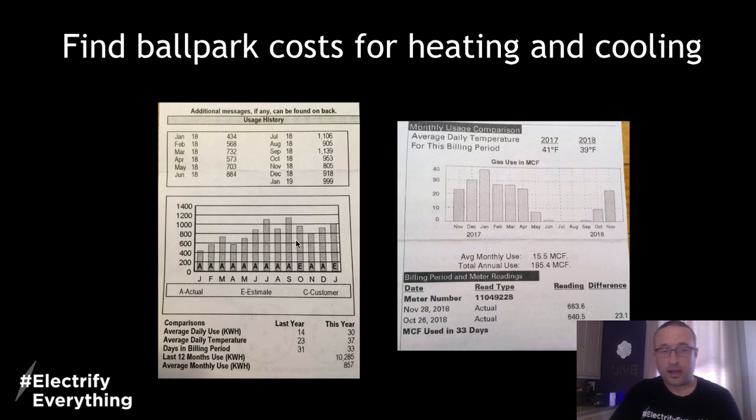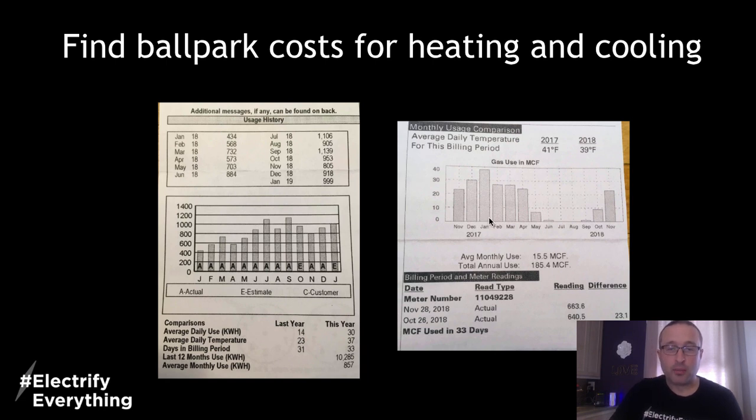So if you apply that across those months, you're going to have an idea of how much you're using for cooling. Now that's not that much, like 400 kilowatt hours is $50 a month, something like that. So it's not a huge deal. But you want to have an idea of what that is. So you take your winter usage, and you subtract it from a summer month and try and get a ballpark idea of how much electricity you're using for that.